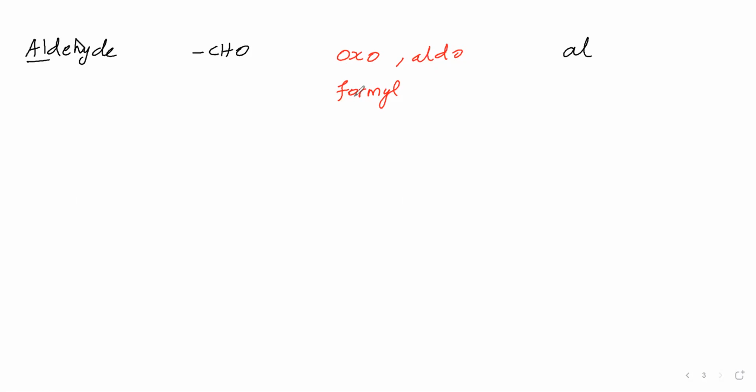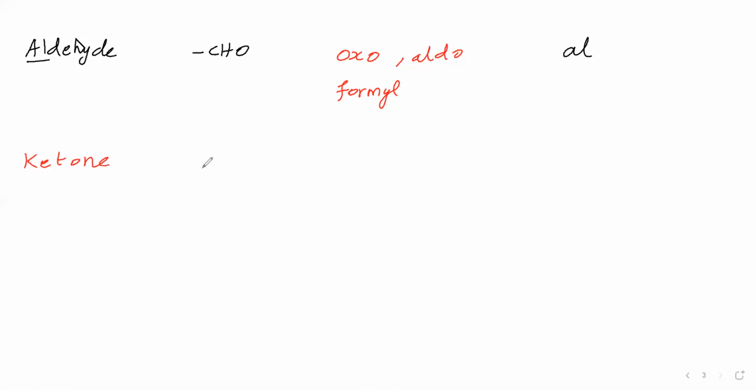If the aldehydic carbon is included in the parent chain, the name is oxo, otherwise aldo. When it comes under main functional group, it goes for secondary suffix, which is al.